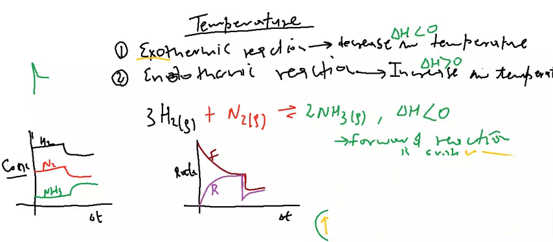Okay, let's increase the temperature. Before that, we said since the reaction has delta H less than 0, the forward reaction is exothermic.